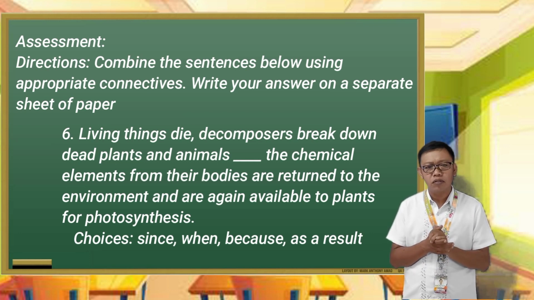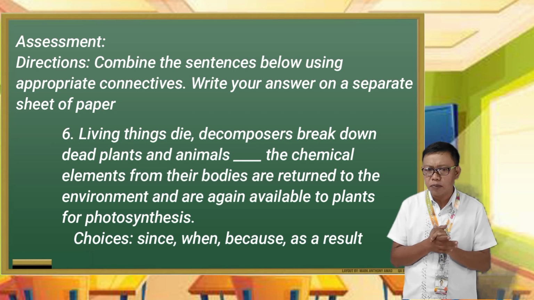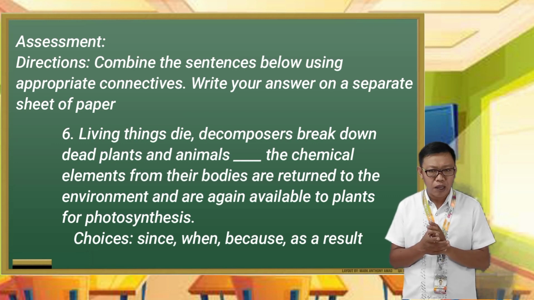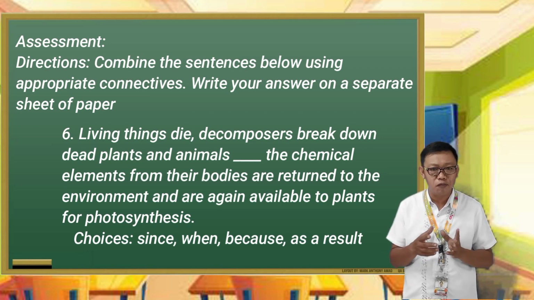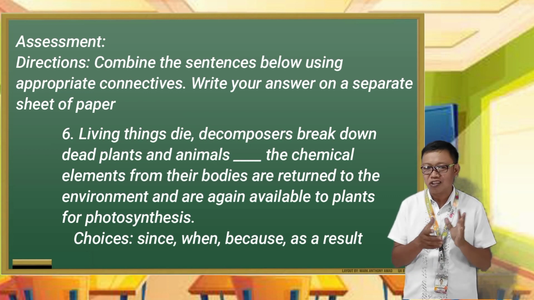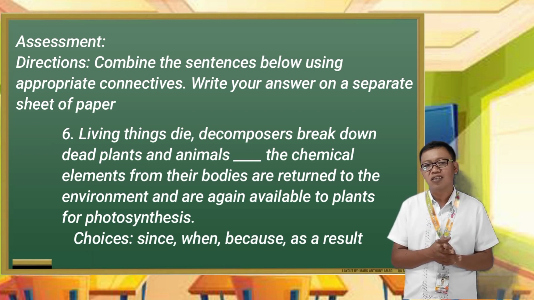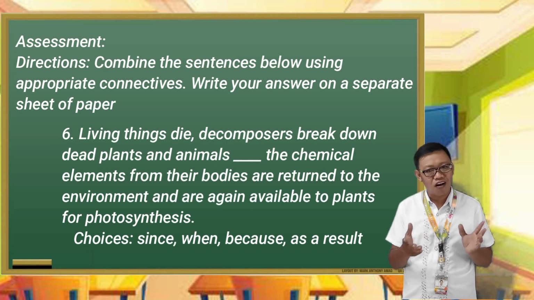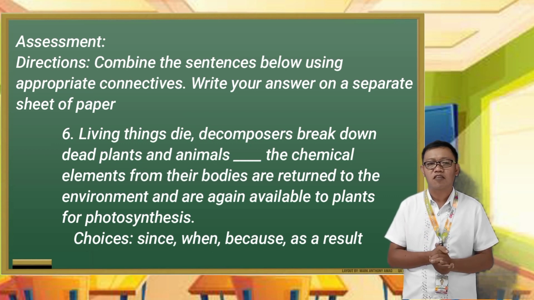Decomposers break down dead plants and animals. Blank, the chemical elements from their bodies are returned to the environment and are again available to plants for photosynthesis. Choices are since, when, because, and as a result.